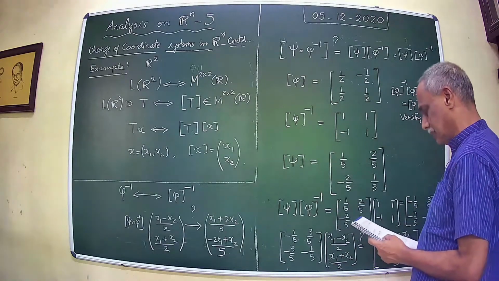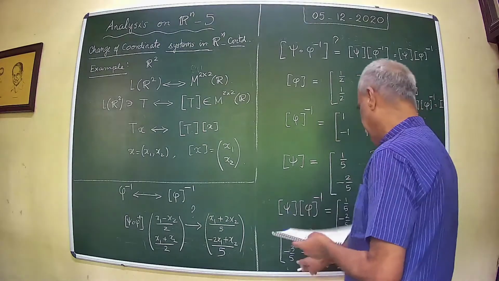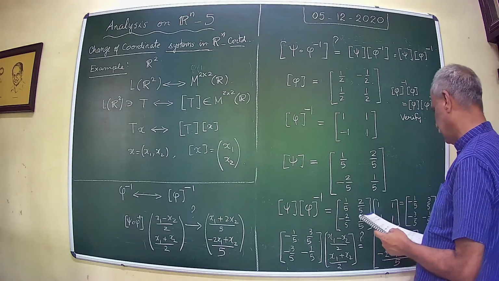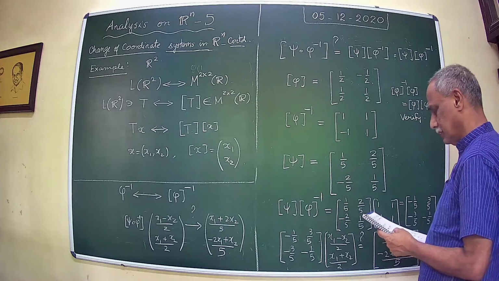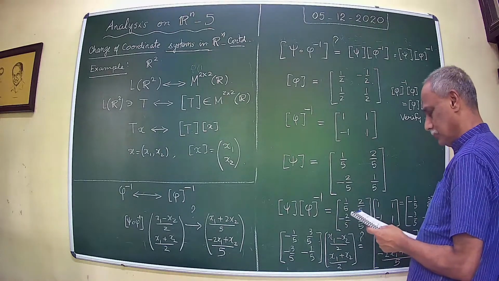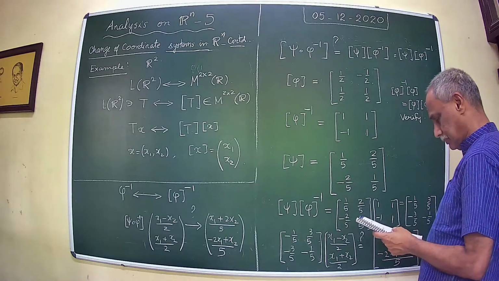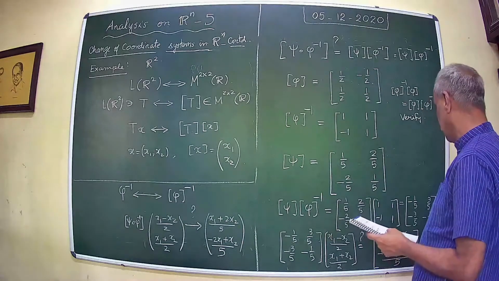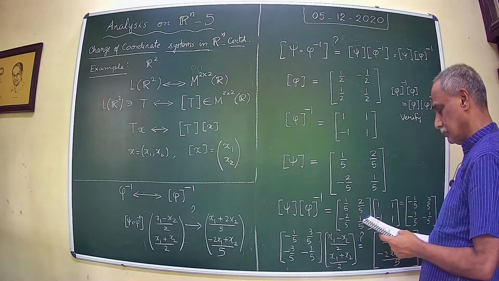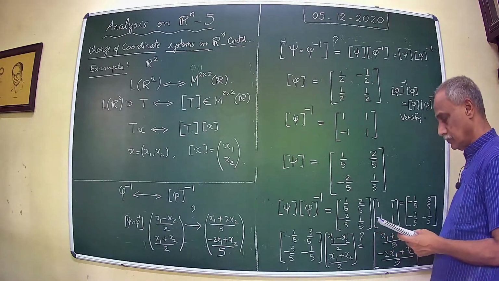Okay, right. Minus 1 by 5, 3 by 5, minus 3 by 5, minus 1 by 5 applied to this is equal to x1 minus x2 by 10, 3x1 plus x2 by 10, and they add up to 2x1, so x1 by 5 plus 4x2 by 10.